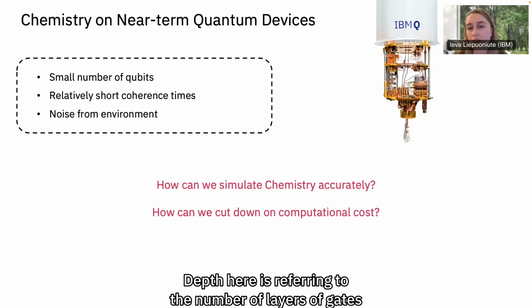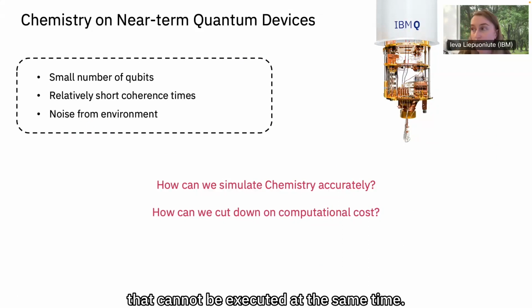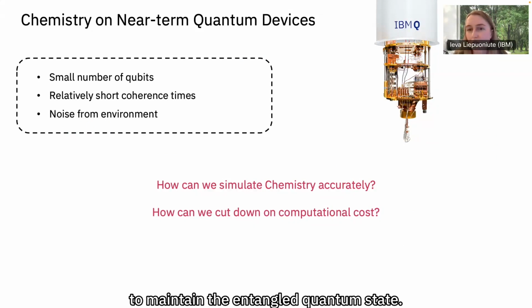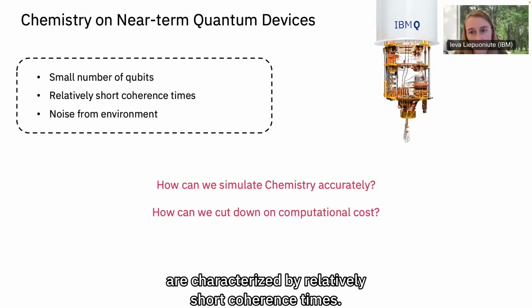Depth here is referring to the number of layers of gates that cannot be executed at the same time. And essentially, long coherence times are needed to maintain the entangled quantum state. And so today's quantum computers are characterized by relatively short coherence times.